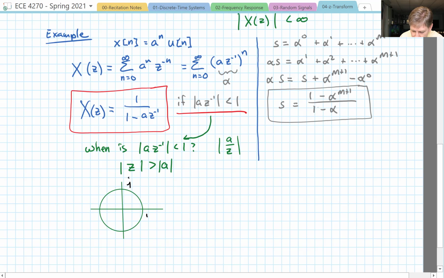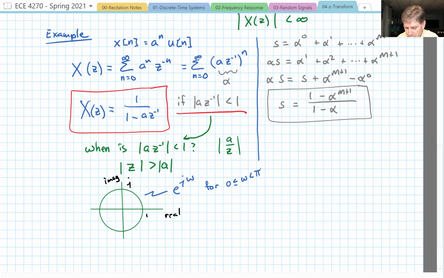So that's 1, that's J, so this is the imaginary plane. We have the real axis and the imaginary axis. And this would be then the unit circle. And the unit circle is basically defined by this, and in fact for any omega ranging over 2 pi, we get the unit circle.